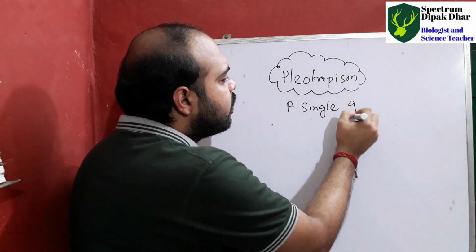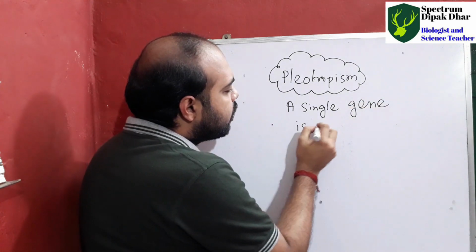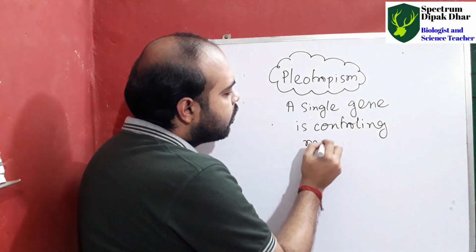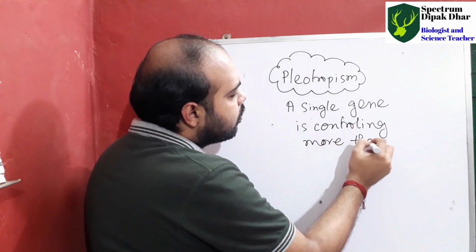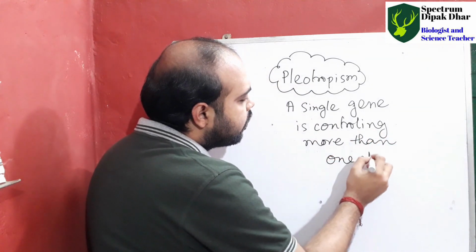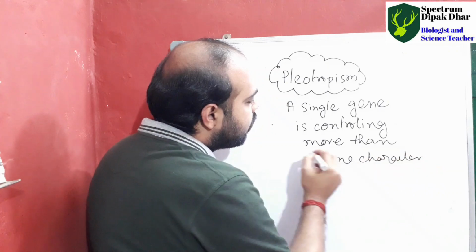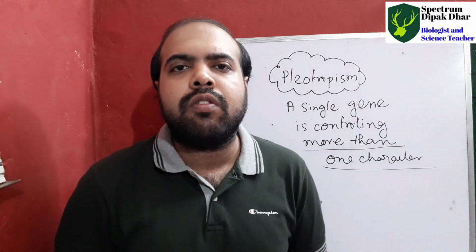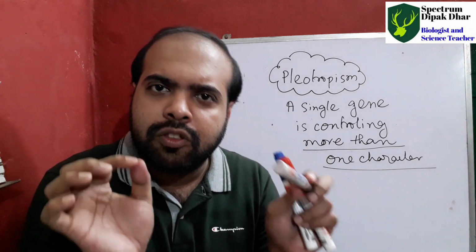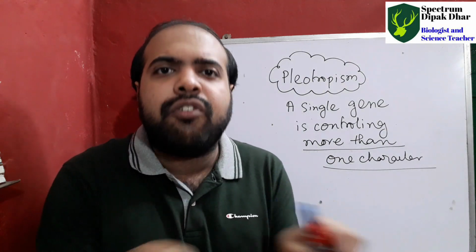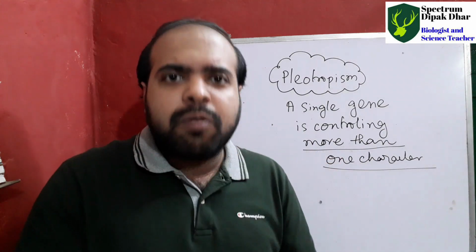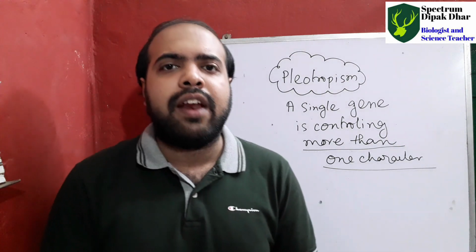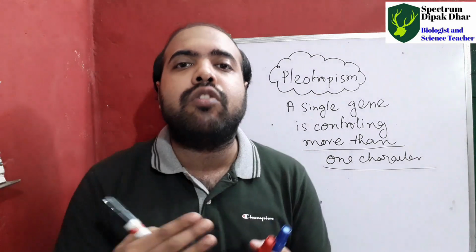This particular, unique phenomenon is known as pleiotropism, and that particular gene which is controlling the different traits, the different expressions, is known as the pleiotropic gene, and the effect and the expression is known as the pleiotropic effect.